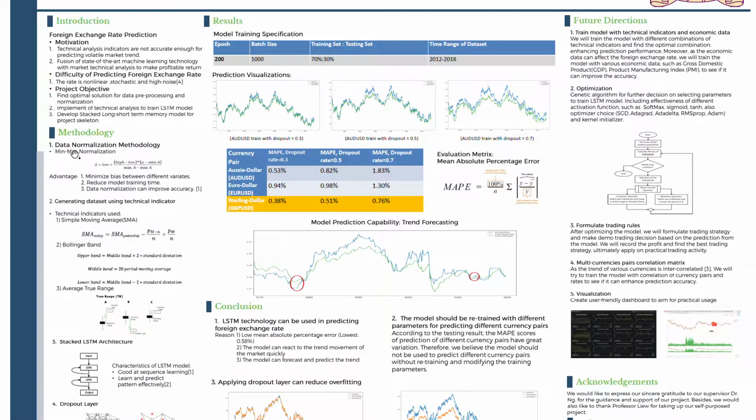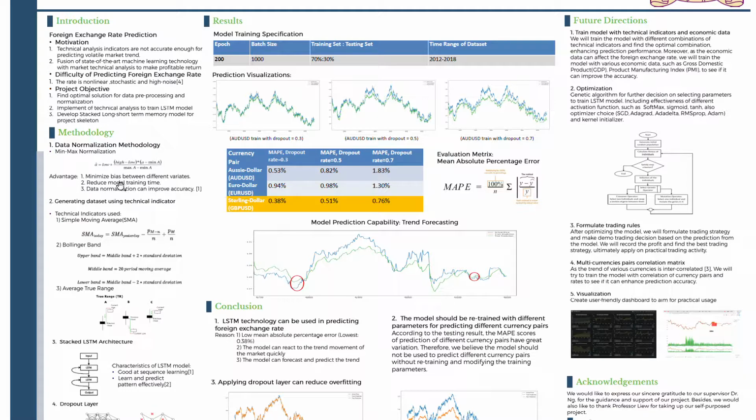First of all, I would like to talk about the data normalization methodology. In order to minimize the bias between the different variables, such as the technical analysis parameters as well as the raw data of the actual rate of the currencies, we have applied min-max normalization to our training dataset as well as our testing dataset. Why do we implement min-max normalization?